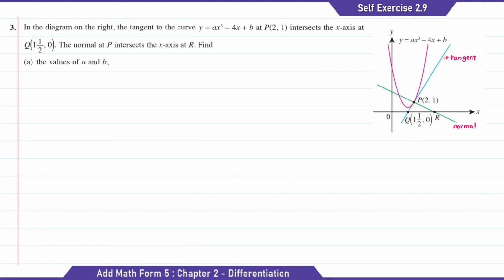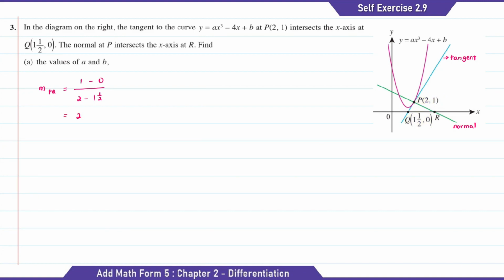For this tangent, we can find its gradient using these two coordinates. So (1 minus 0) over (2 minus 1 and 1 over 2). The answer is 2.